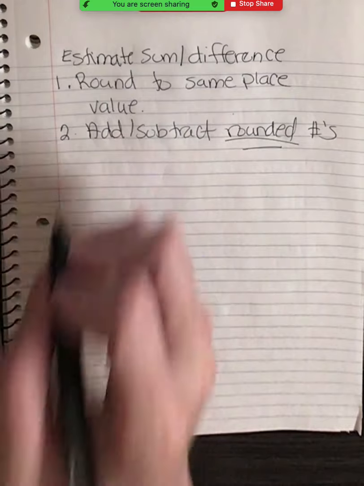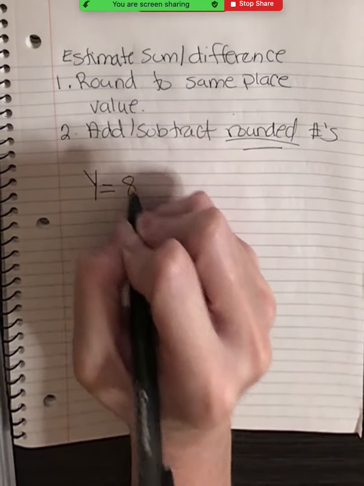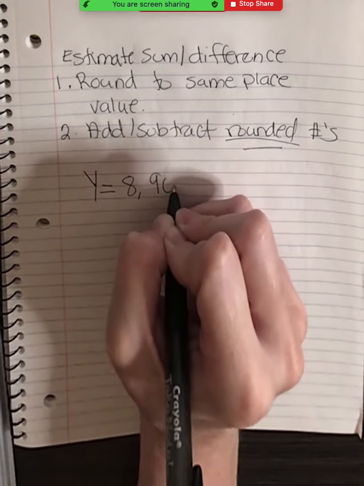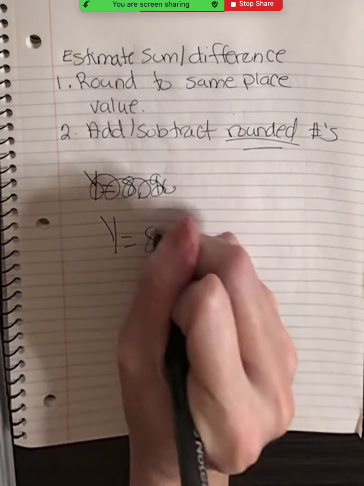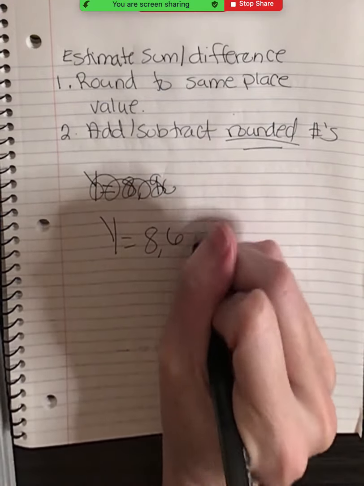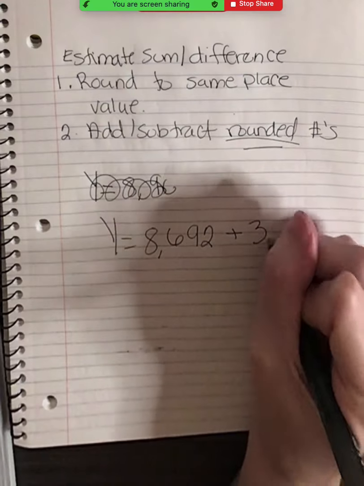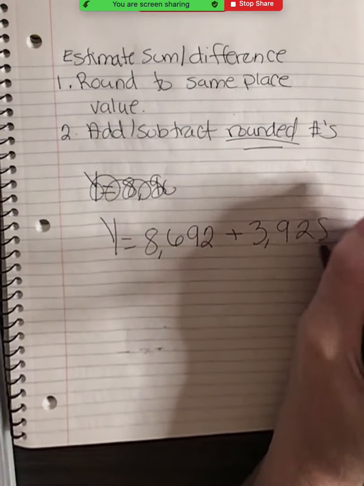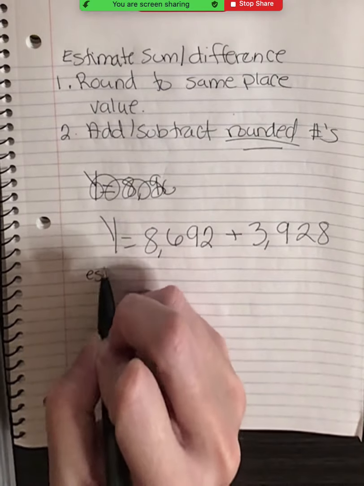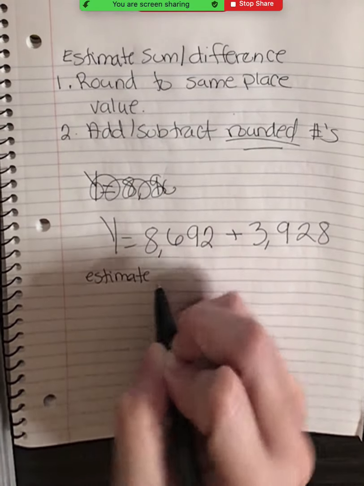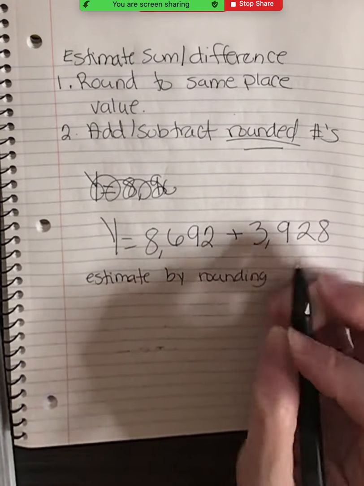Okay, so if y equals 8,692 plus 3,928, we want to estimate by rounding to the nearest hundred.